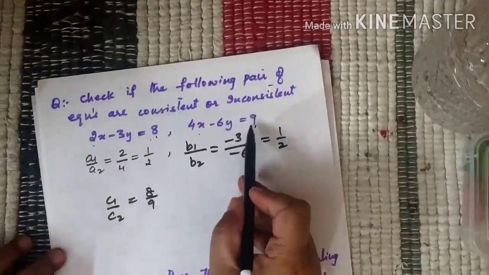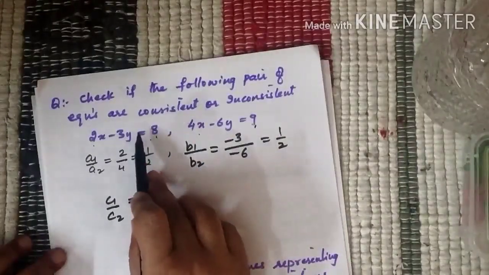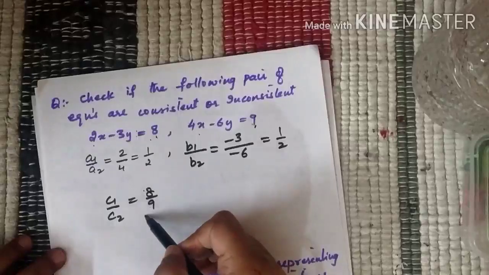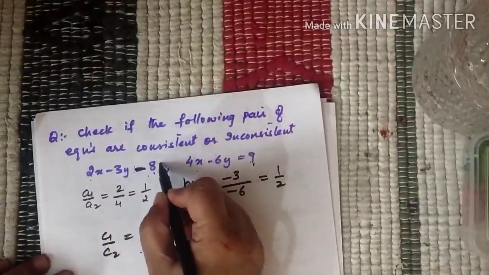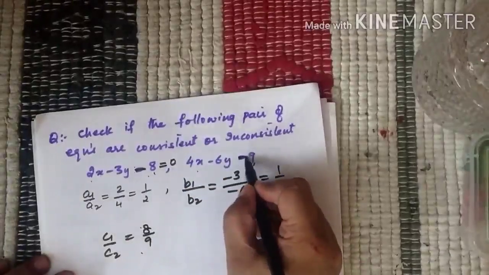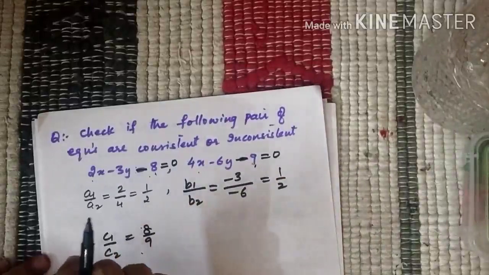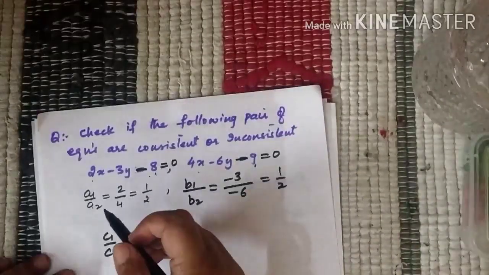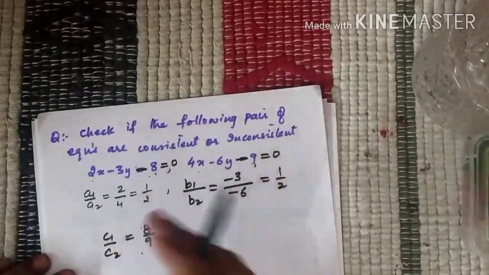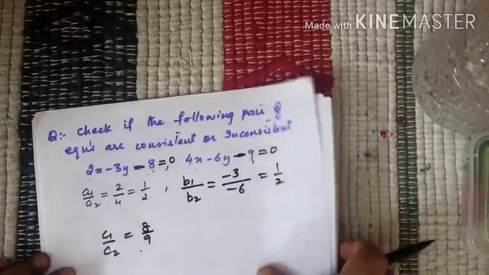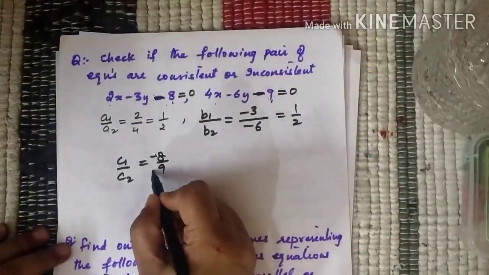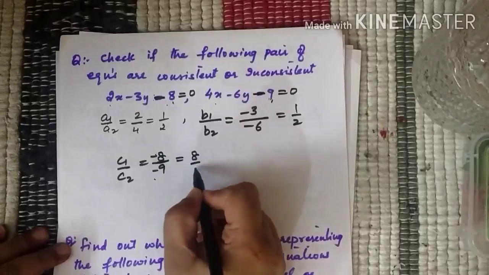Because if I transpose them to the left hand side, it will be -8 and -9 and they will cancel each other's signs. So it's always advisable to first bring everything to the left hand side, make them in the standard form, with the right hand side equated to 0. So what is c1 here? -8 and this is -9, so 8/9.